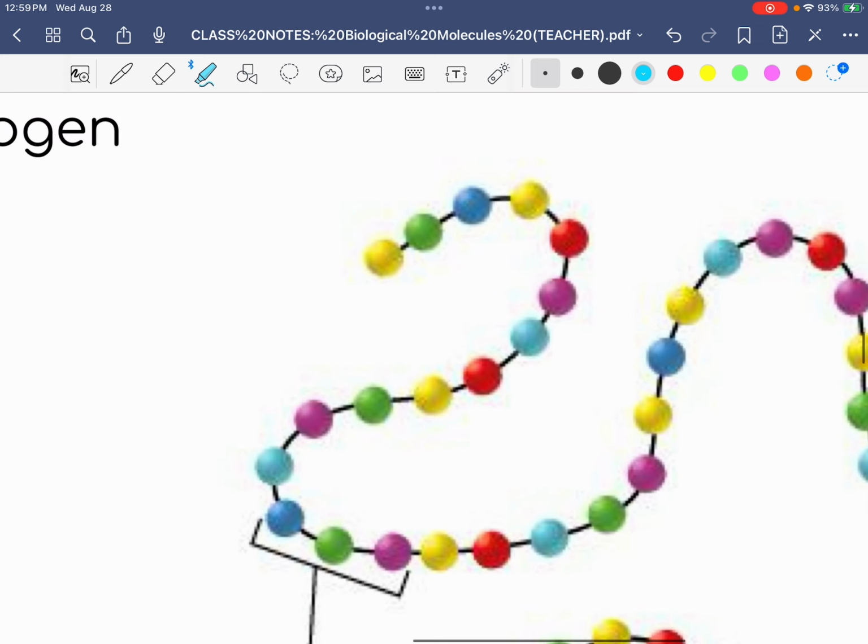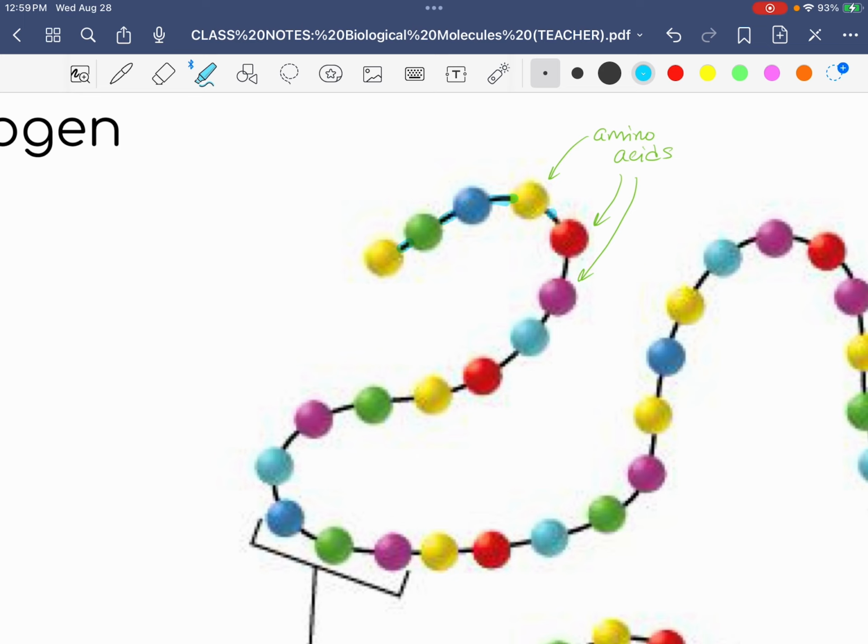And if we look at this example here, each of these dots represents an amino acid. Right, these are the amino acids here and here. And what's connecting them is these peptide bonds.